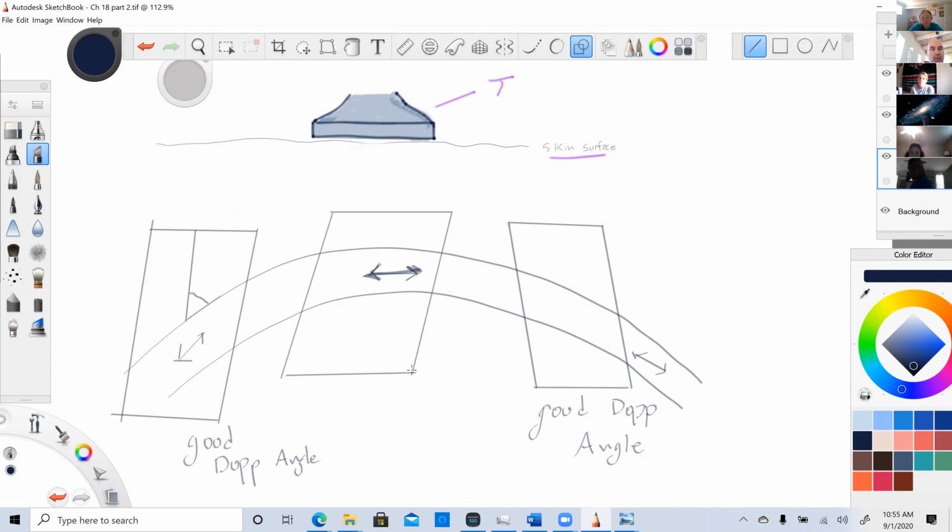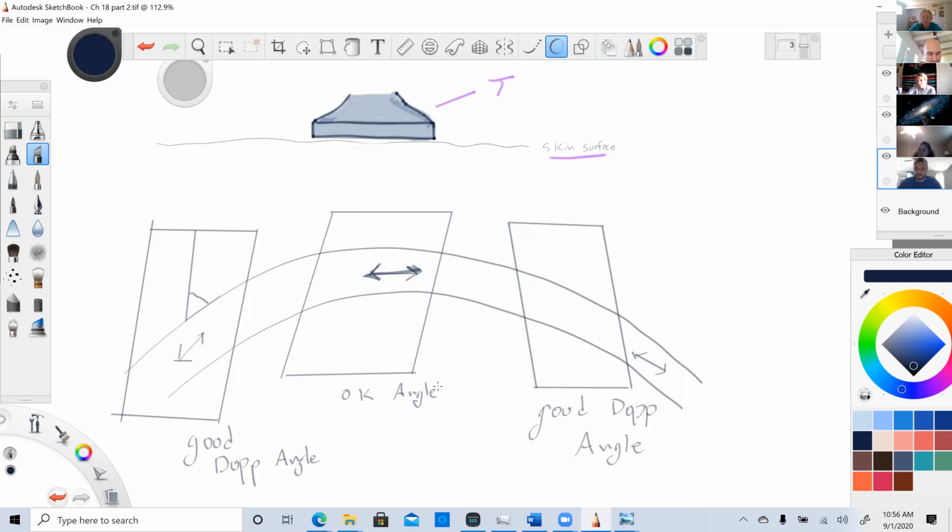And that ends up forcing a little bit of a better angle. We're going to call this one okay. That's an okay angle. It's not really good. But these other angles are quite good. I kind of feel like I might have lost you.